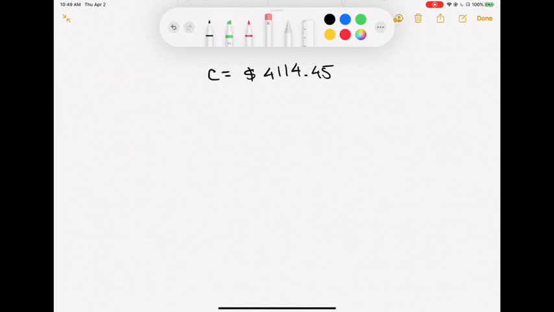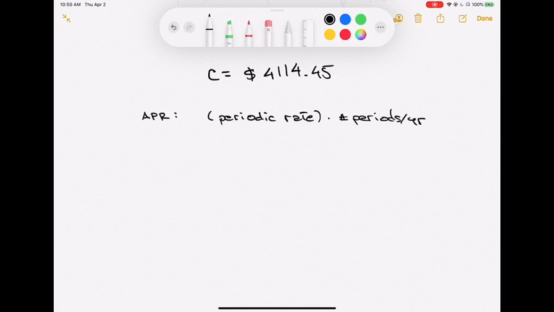Okay, so to finish this lecture out, I'm going to just summarize once again the two different ways that we commonly represent interest, and then do a final example that really highlights the difference between these two ways of representing interest. As a first way of representing interest, we have annual percent rate. Annual percent rate really just says take your periodic rate and multiply it by the number of periods per year. That gives us our APR.